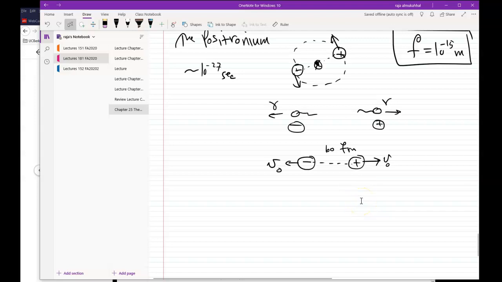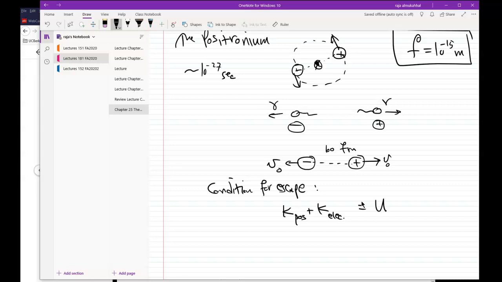So the condition for escape is that the kinetic energy of the positron plus the kinetic energy of the electron equals the potential energy between them, at 100 femtometer.